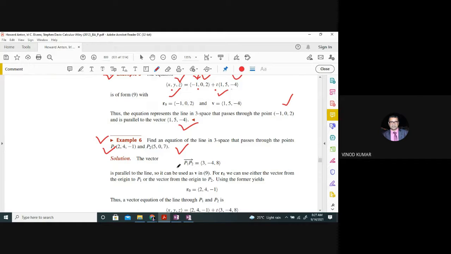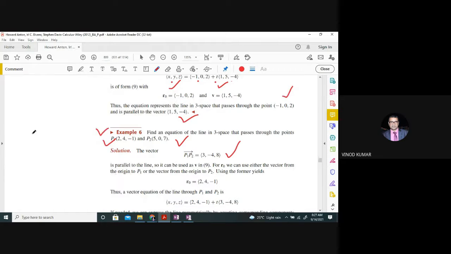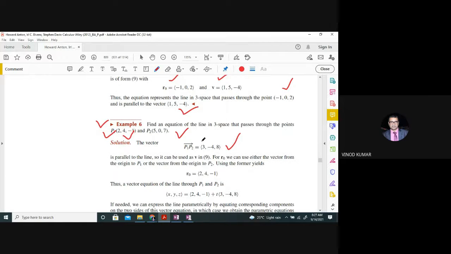So vector P1P2 equals position of P2 minus position of P1. This means this one. And you choose this as the parallel vector. Okay. The equation of the vector is R equals R naught plus t times V. This is your V.